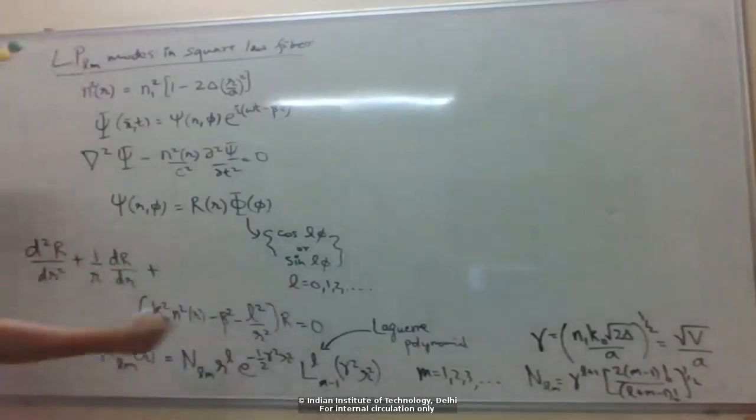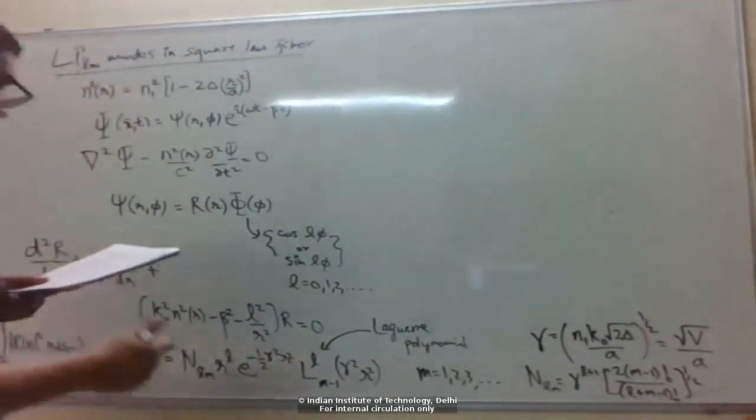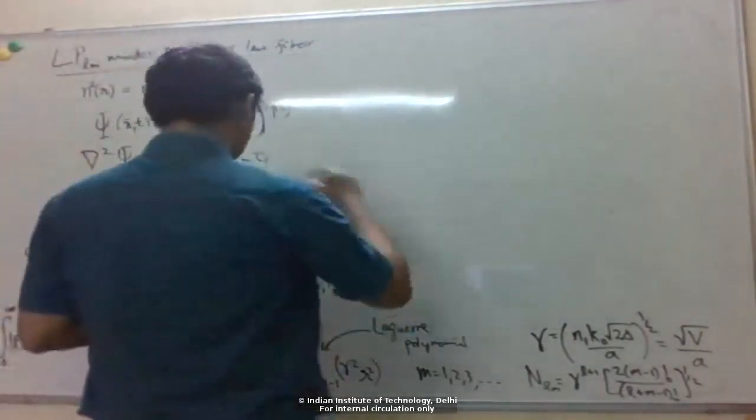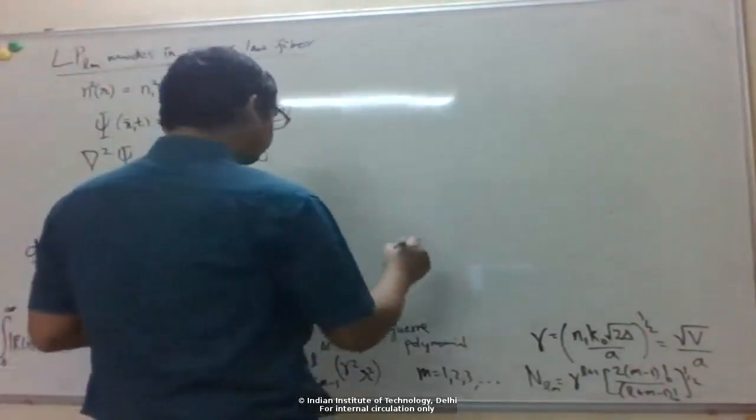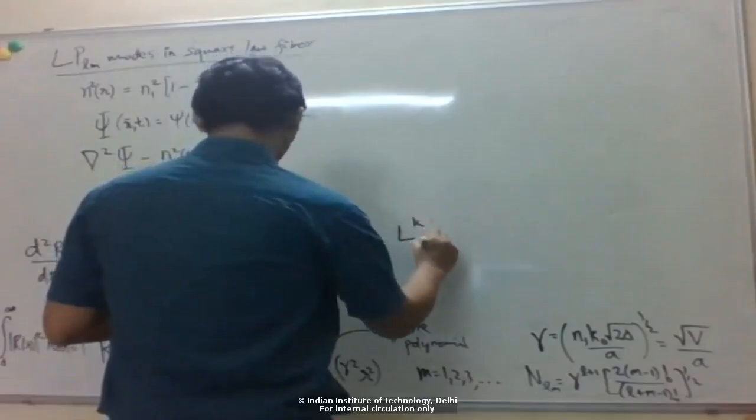Basically this normalization constant ensures that this integral is 1. And then how are these Laguerre polynomials defined? If you look at the Laguerre polynomial with index k and n.